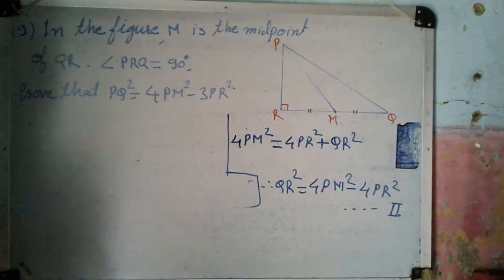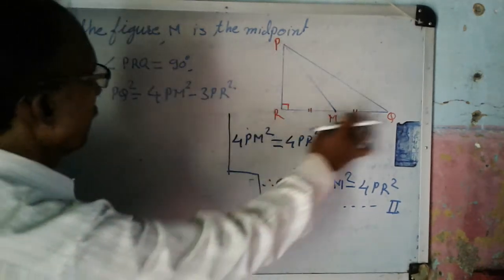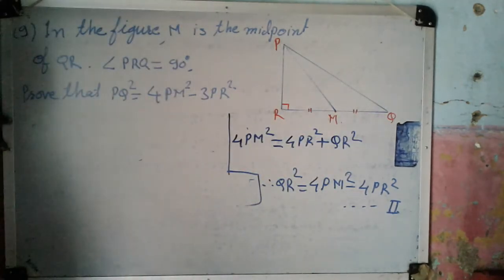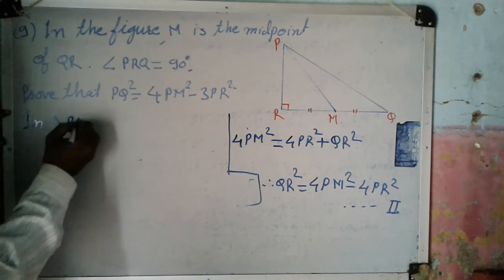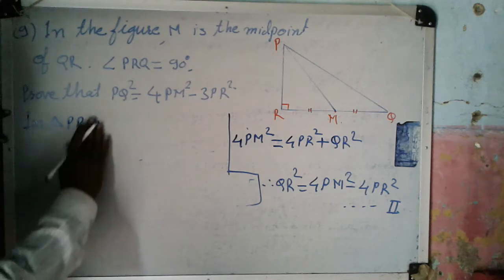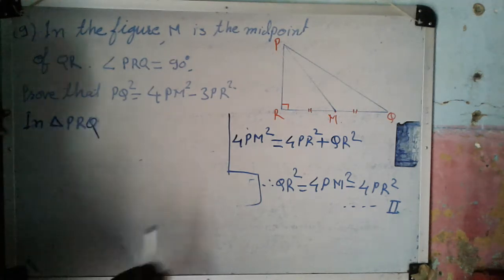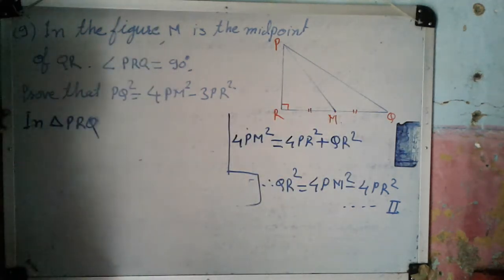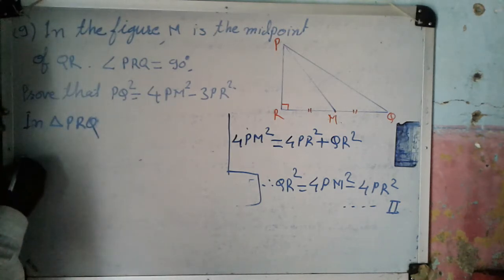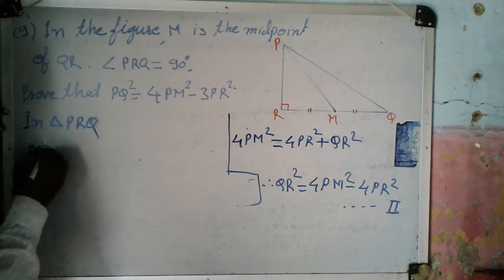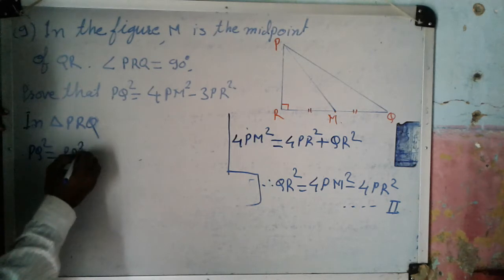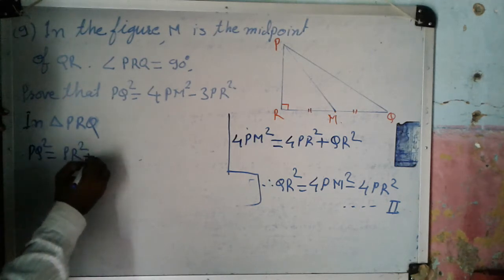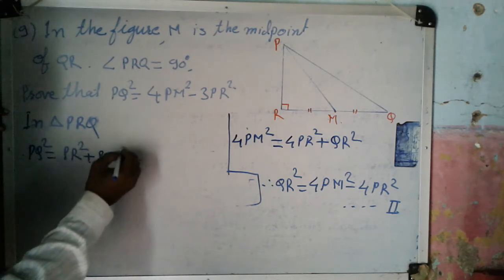Now, right angle triangle PRQ. PQ is a hypotenuse. So, again using Pythagoras Theorem, we get PQ square is equal to PR square plus RM square.